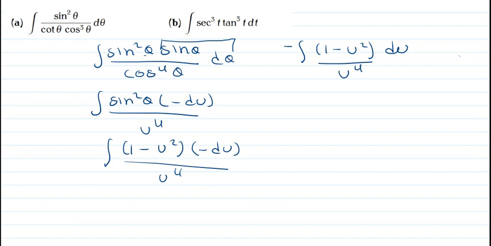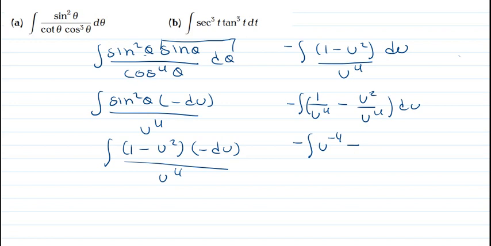Splitting our equation, we're going to have the integral of 1 over u power 4 minus the integral of u squared over u power 4 du. With this, we can simplify the inside, meaning we're going to have u power negative 4 minus, since it's the same base, we subtract the powers.